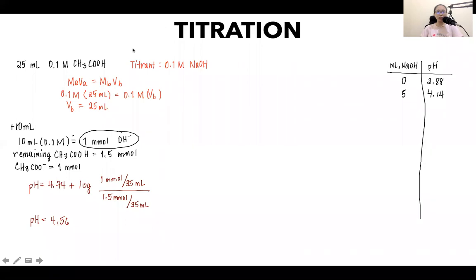Now notice, let's stop at this point first. Oh, before that, let's write it in our table. So a total of 10 ml of sodium hydroxide is added. The pH is 4.56. Notice the difference between these 2 points. From 5 to 10, so that's a difference of 5 ml of a very strong base, sodium hydroxide. Look at the change in the pH from 4.14 to 4.56. Do you notice something?